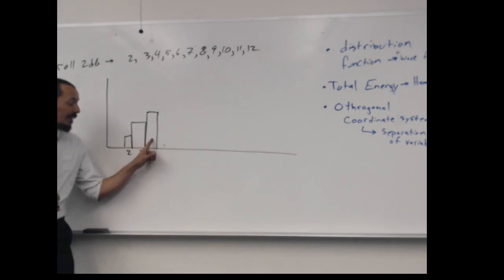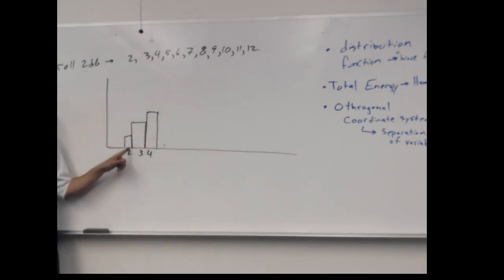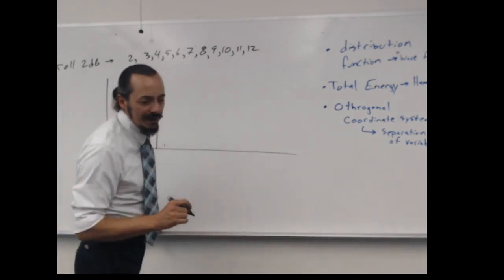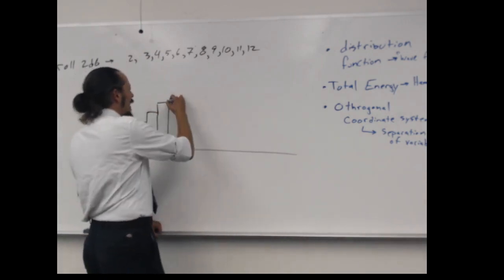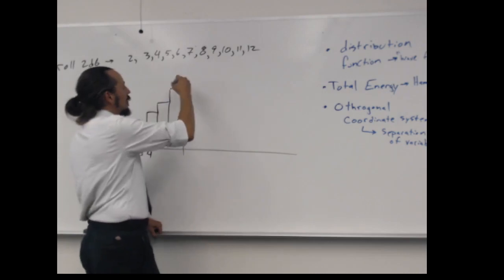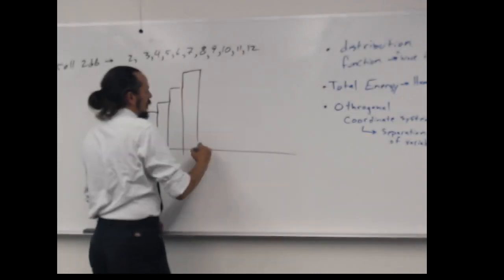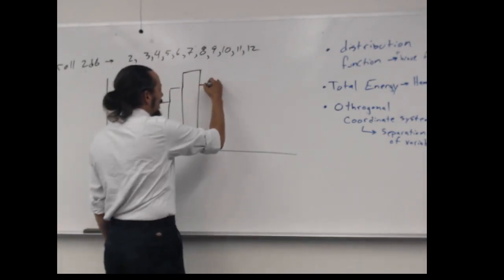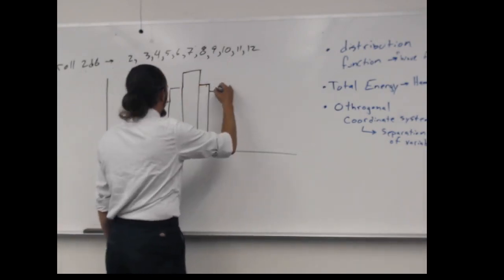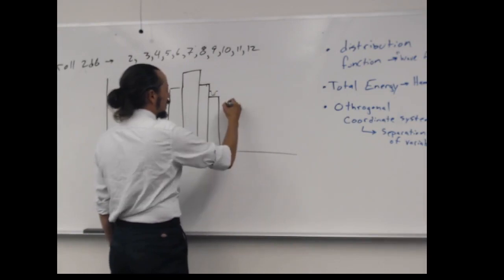But I am more likely to roll 4 than I am to roll 2. I can keep going with this. Each one has an extra way. There are 4 ways to roll 5. There are 5 ways to roll 6. There are 6 ways to roll 7. And then it steps back down the other way. Trying to line things up.